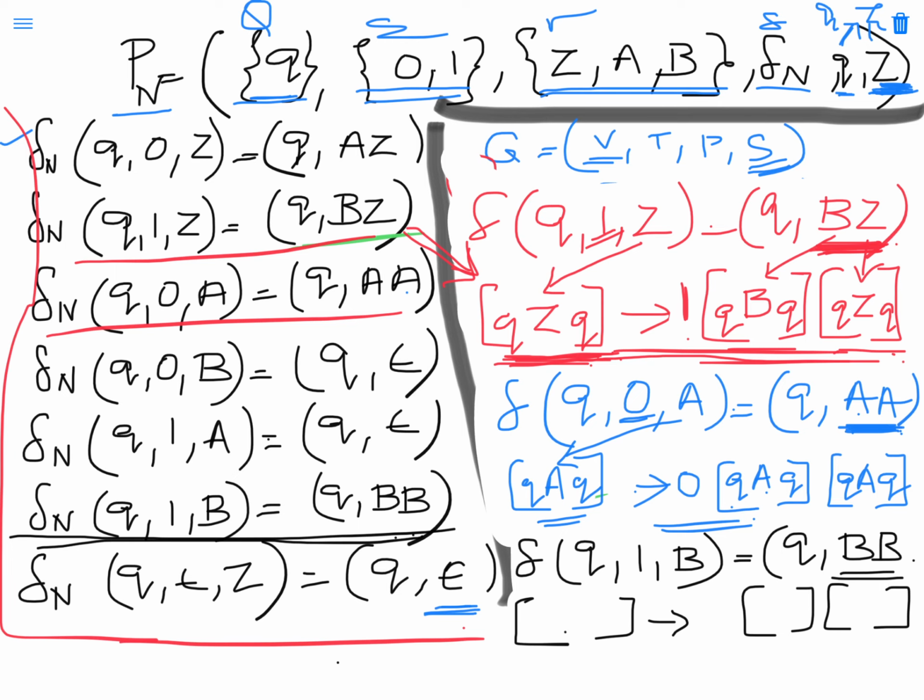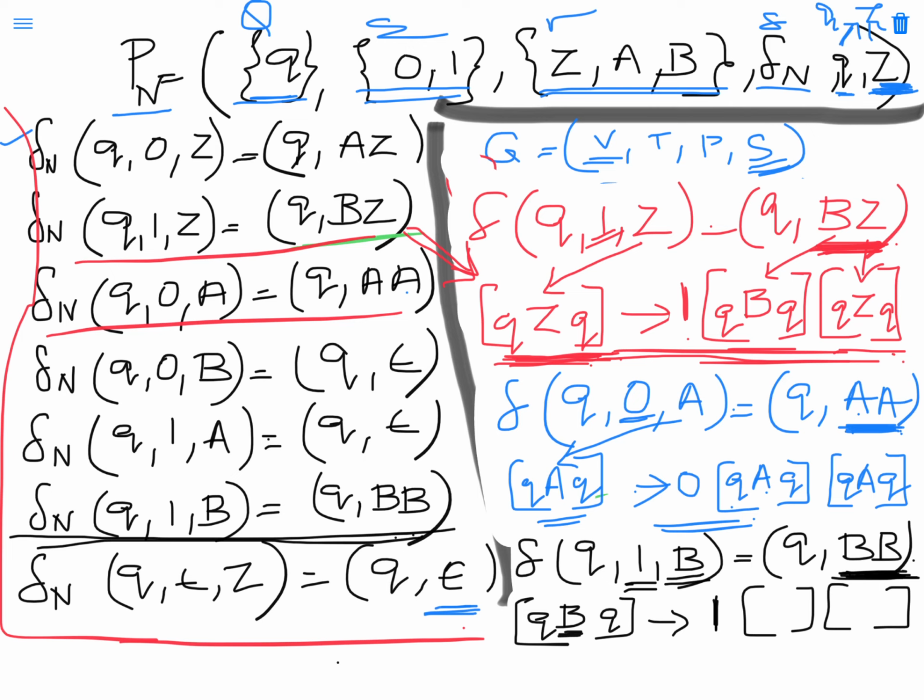Then on the left hand side, since the stack symbol is B, the middle you write B, with states Q and Q. Here the input read is 1, so the right hand side should start with 1, followed by the BB non-terminals. In the right hand side, you are pushing the element B onto the stack, isn't it?